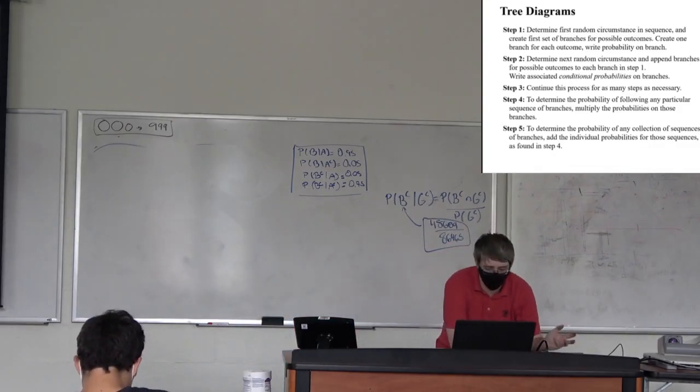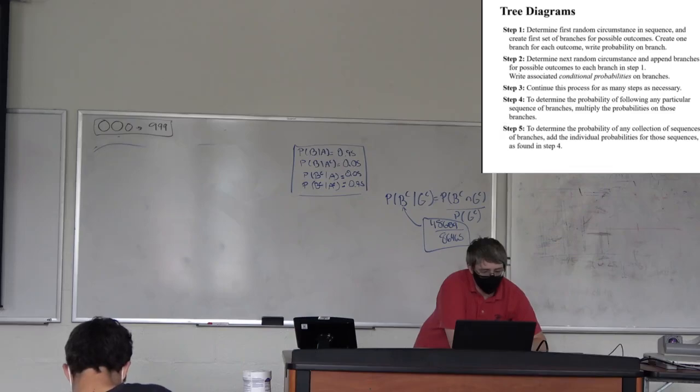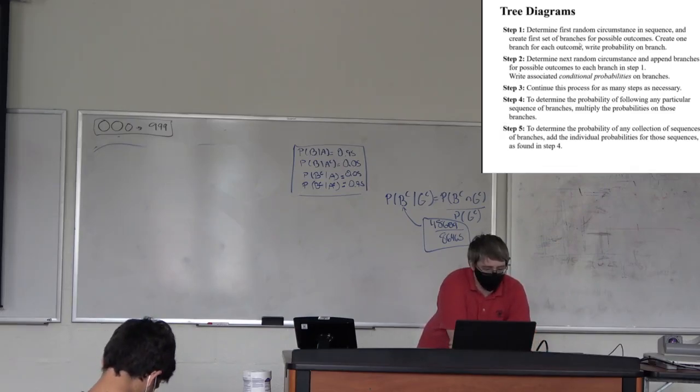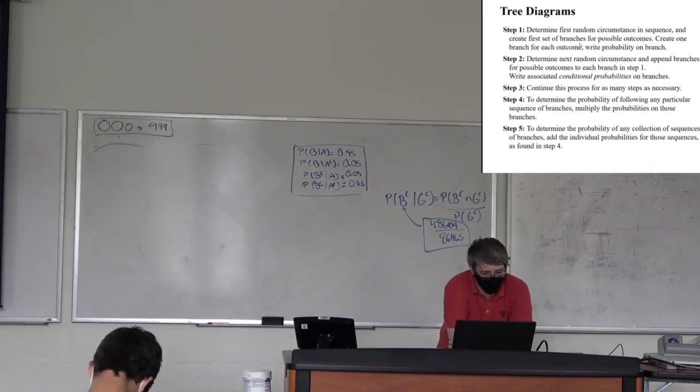So here are the steps for the tree diagrams. I can go through these. Determine the first random circumstance in the sequence, then create branches for any possible outcomes. Create a branch for each outcome, and then write the probability on each.